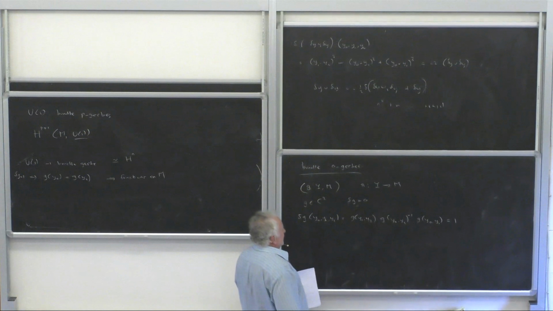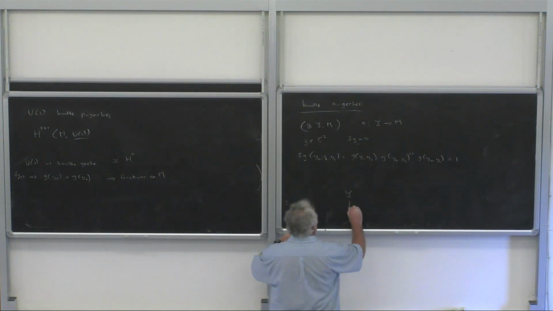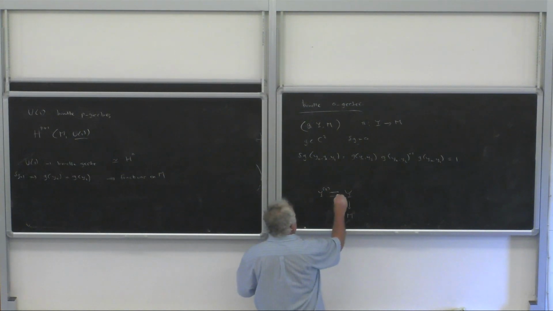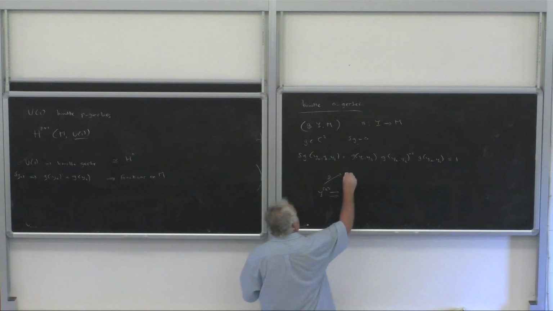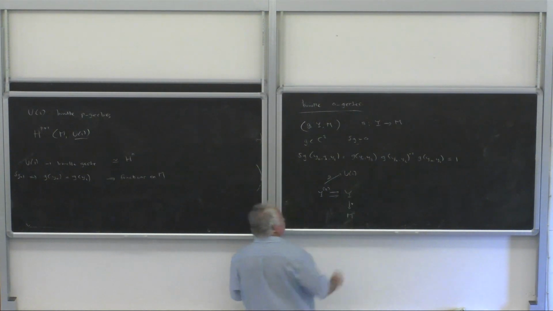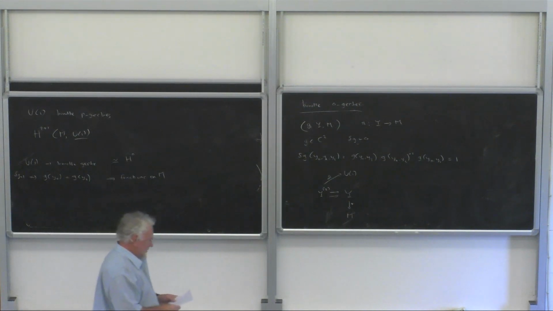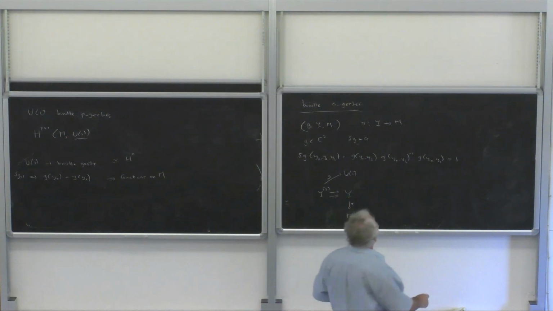Or maybe I should draw it in a picture. So I have my surjective submersion, then I have the fiber product, and I have this map G to U(1). There's a few things you can see from here.